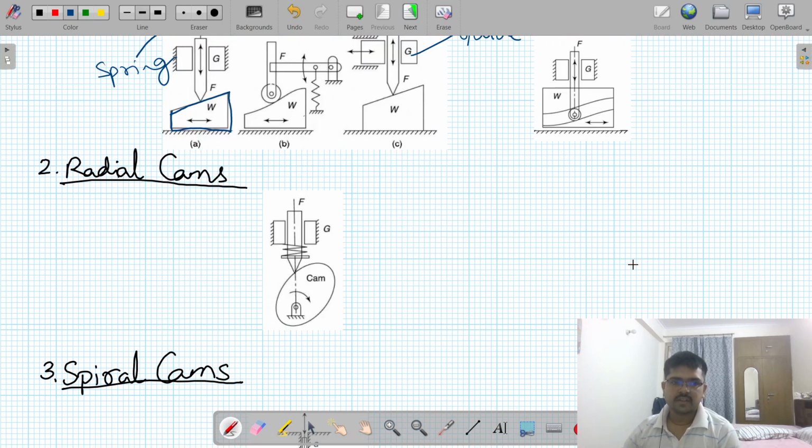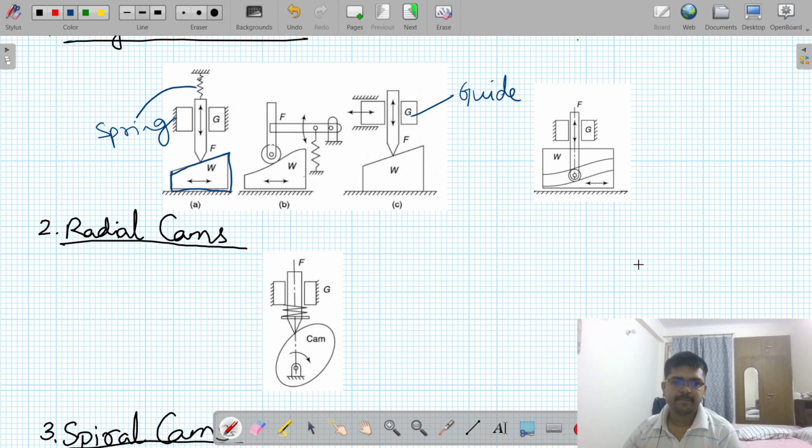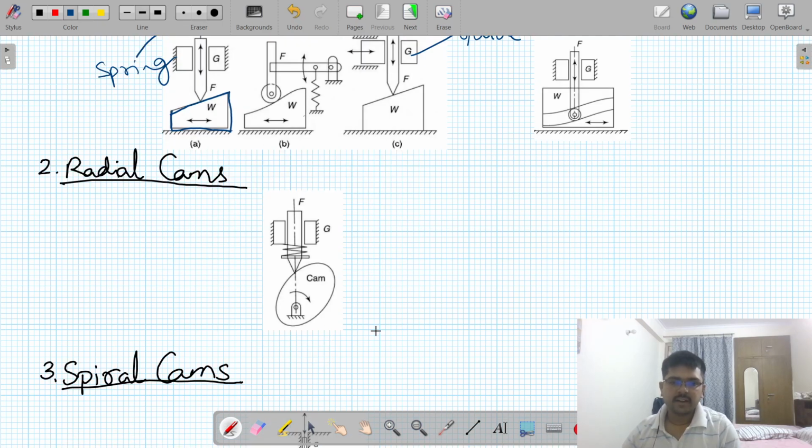Now the second type of cam is radial cams. A radial cam is similar to a wedge cam, just that it is an oval shape. Radial means that the axis of the follower passes through the center of rotation of the cam. So that is what is called radial cams.